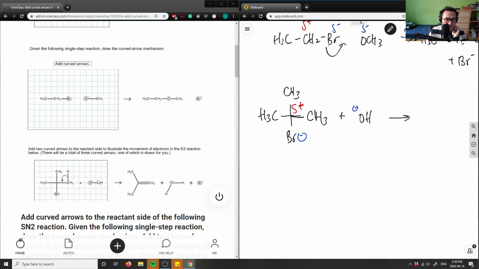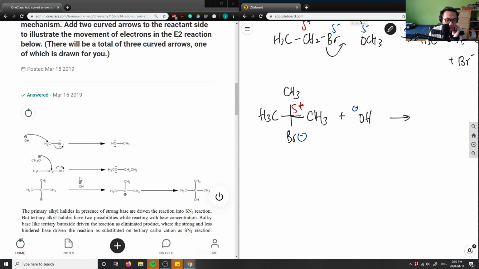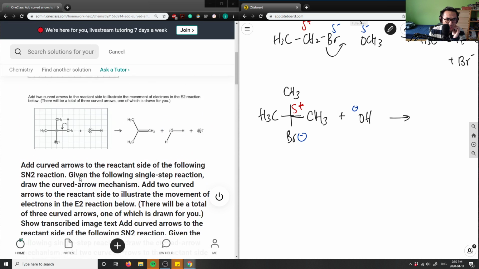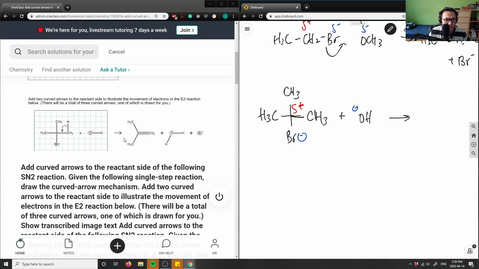However, what they have here is something different. This solution is super weird. It says I get a double bond on the carbon, but that's an elimination, and they get H here. So this is an E2 reaction, not an SN2. Oh, I didn't read the question. Sorry, this is an E2 reaction.